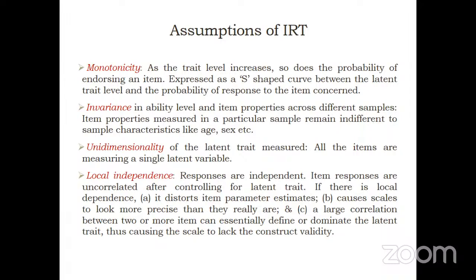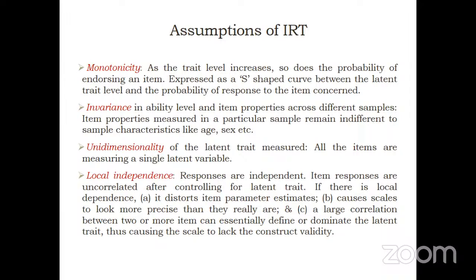Even if you take out the latent trait, the items will exhibit local dependence among each other, and this correlation among a number of items will tend to dominate the entire scale. You will think you have very good reliability and that this is a very standardized, well-developed scale, but it is actually not. So these are the 4 assumptions of the IRT model.